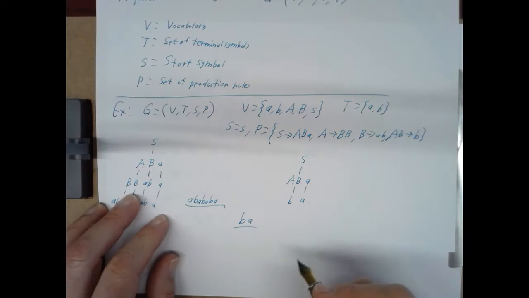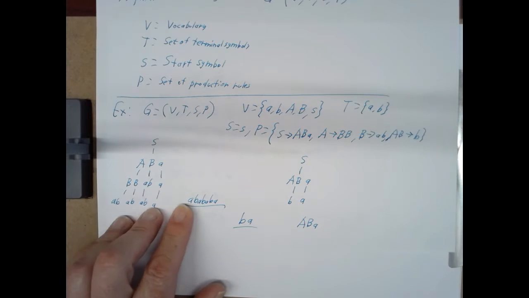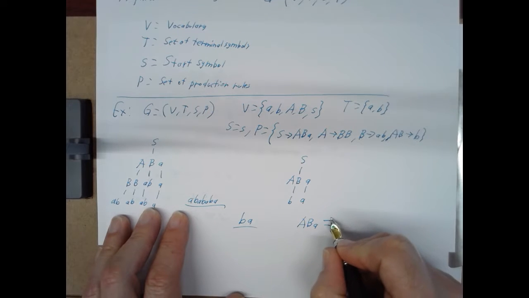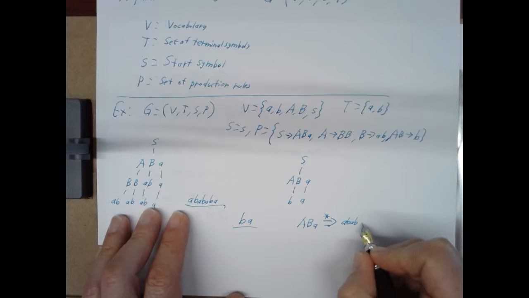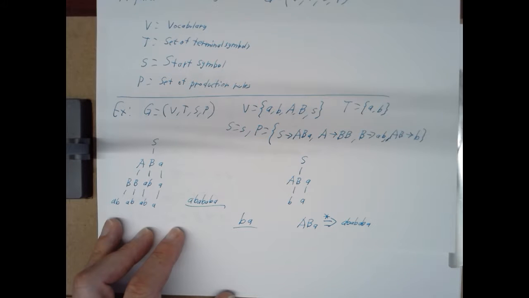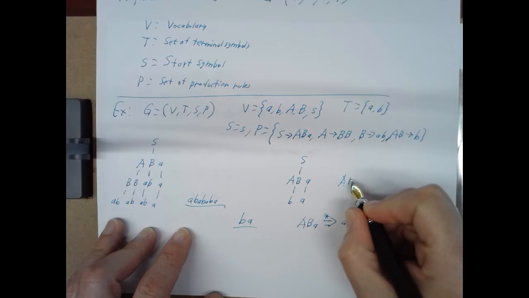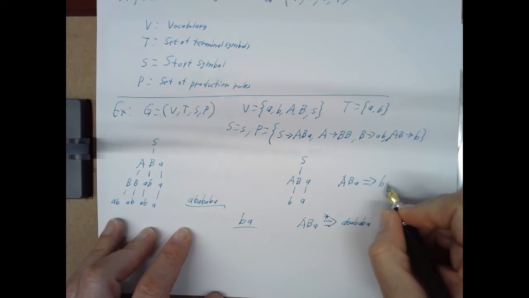So over here, we could say that ABA will let us eventually get to AB, AB, ABA. But we could also say ABA will get us directly to BA.